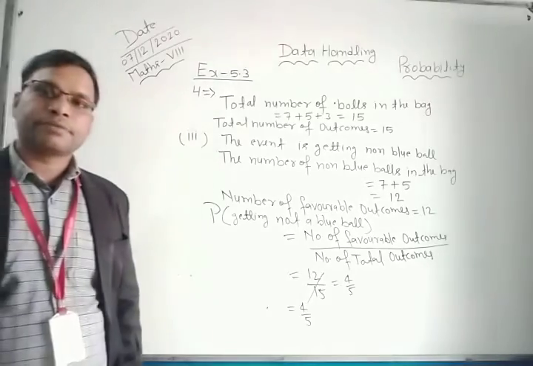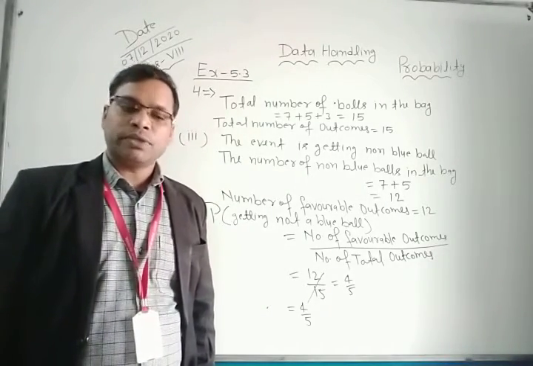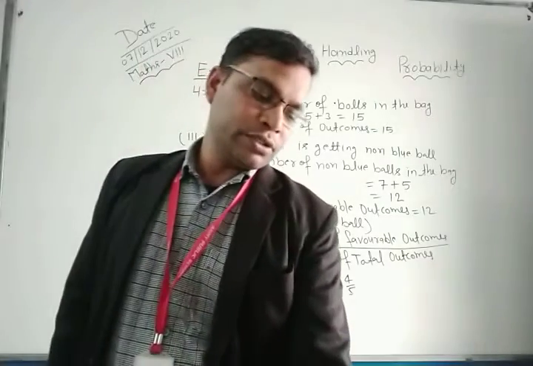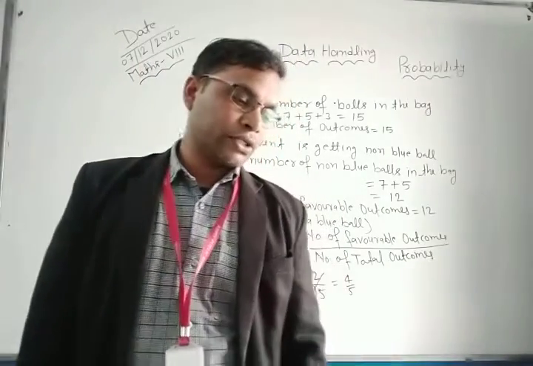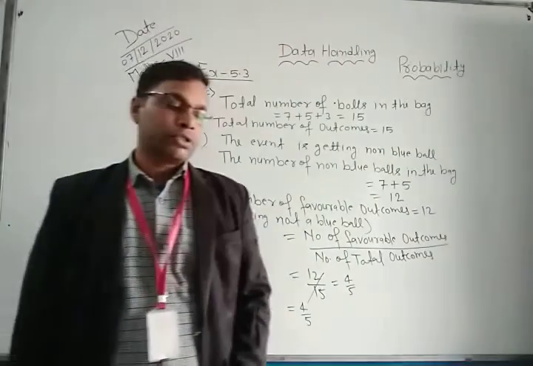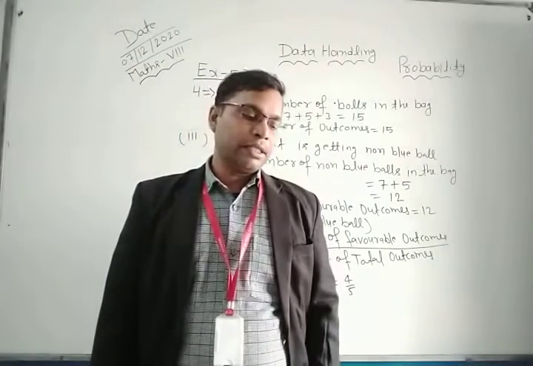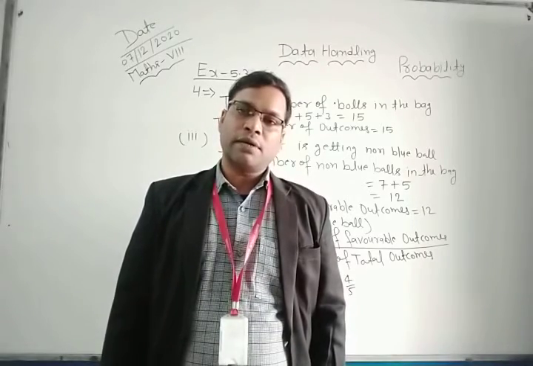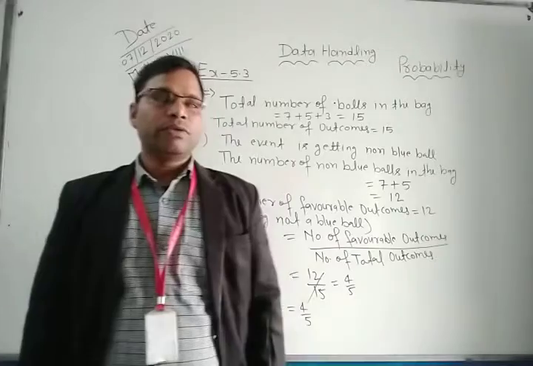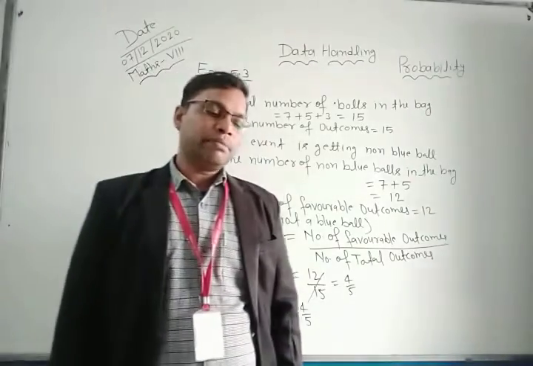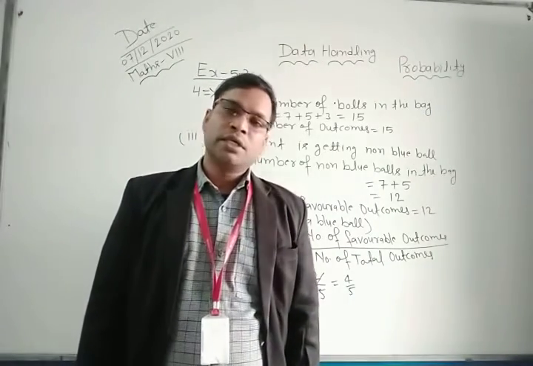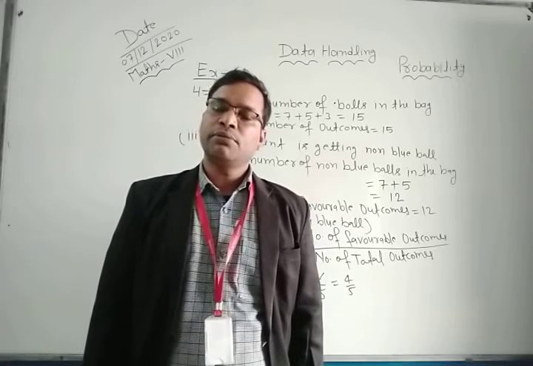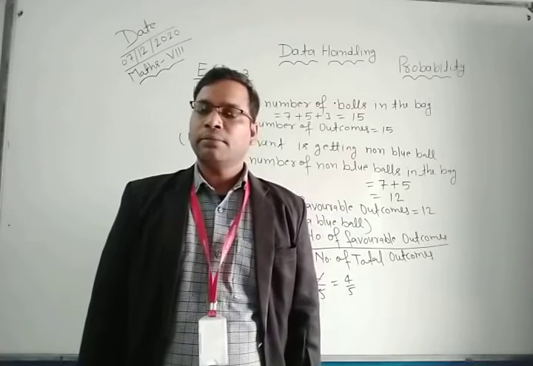So students, I hope all of you understood this question. Now we are going to discuss the next question. Okay. So the next question is related to a well shuffled pack of playing cards. You know very well the number of cards in a playing card pack is 52. The 52 cards have two colors, red and black.